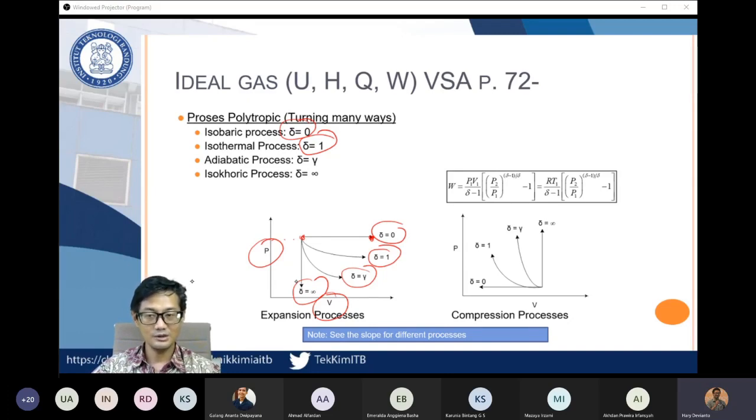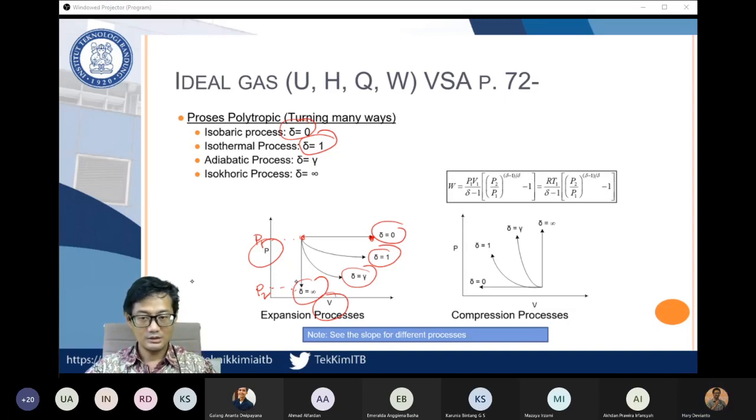So how can we distinguish which one is compression, which one is expansion? In the isochoric or isometric case, check this value. The initial value compared with the final value. P2 is lower than P1 for isochoric. That is the condition of expansion.